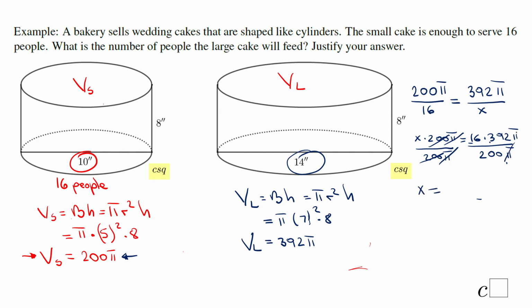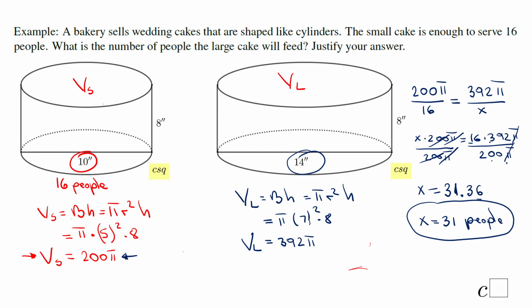Let me use a calculator right now, and I will suggest you to do the same. 16 times 392 divided by 200. Yeah, this answer makes sense. It's 31.36. Obviously, we need to round it down. This cake can serve 31 people, which makes sense in this case.